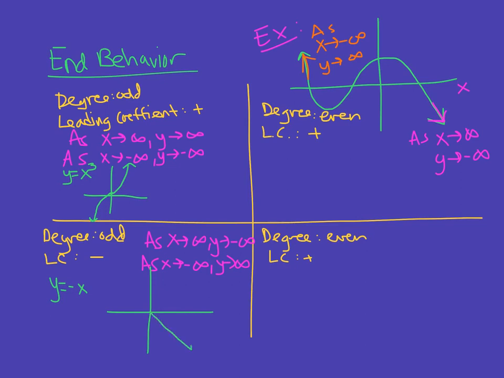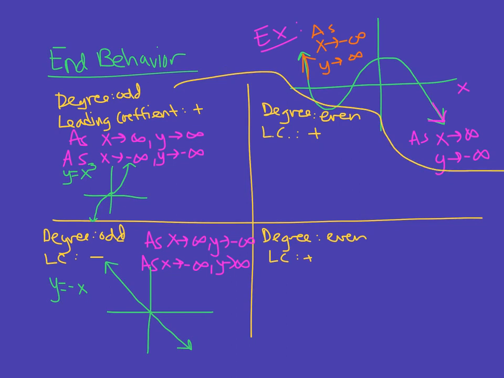That's going to look like this part. And as x approaches negative infinity, y approaches infinity. That looks like that. So then let's do the other two. If you figured out and are able to guess what it looks like, again, you can try it on your own. By the way, this example here is not part of the table, so just be careful about that.